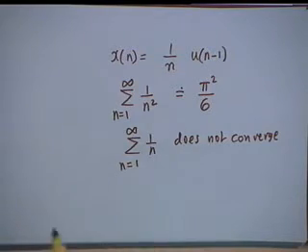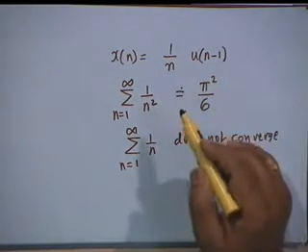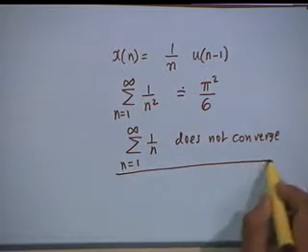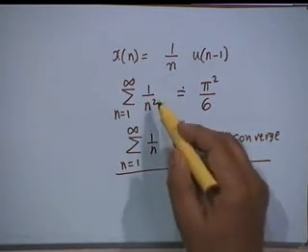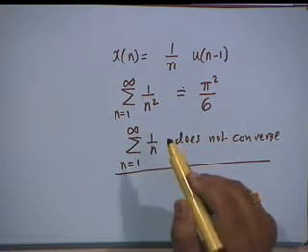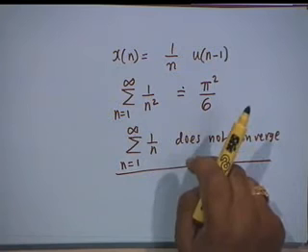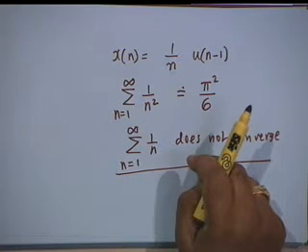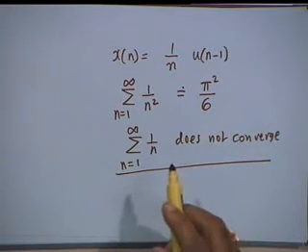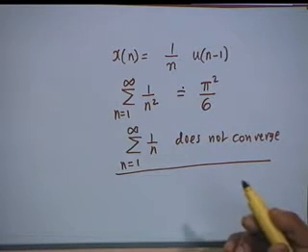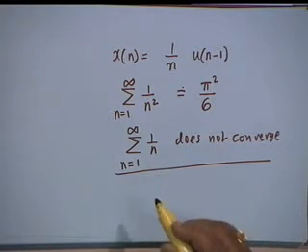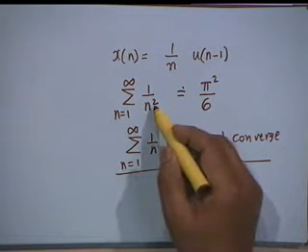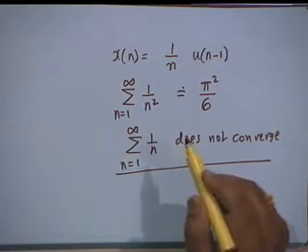No, it is not absolutely summable. 1 by n, u of n minus 1 is not absolutely summable, because this does not converge. But 1 by n squared, that converges. Okay. So, this is a counter example showing that absolute summability of x of n is not a necessary and sufficient condition. It is only a sufficient condition. Now, this is an example of a sequence whose energy is finite, because 1 by n squared defines its energy, all right.